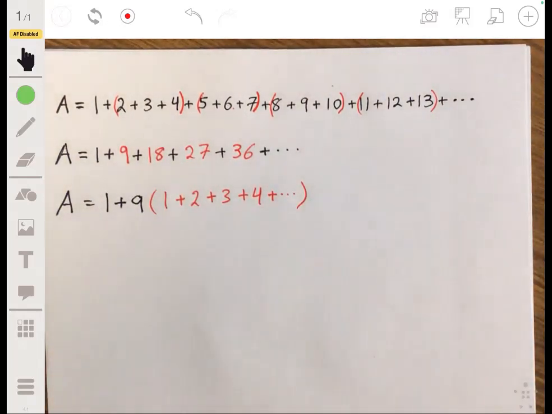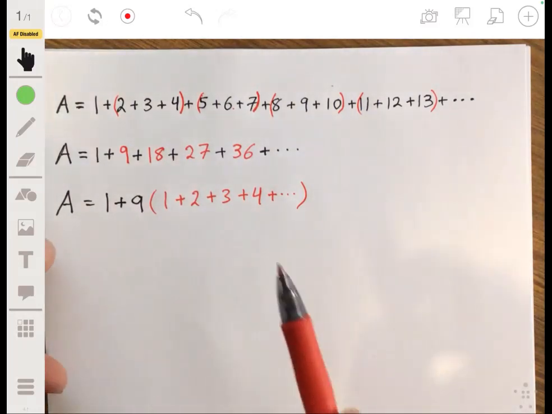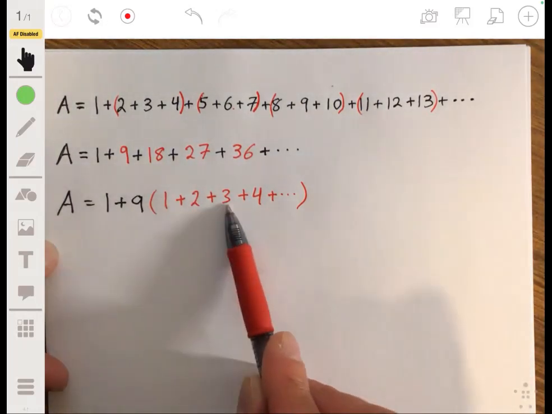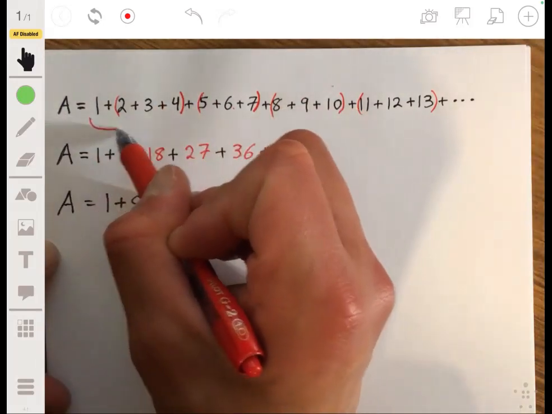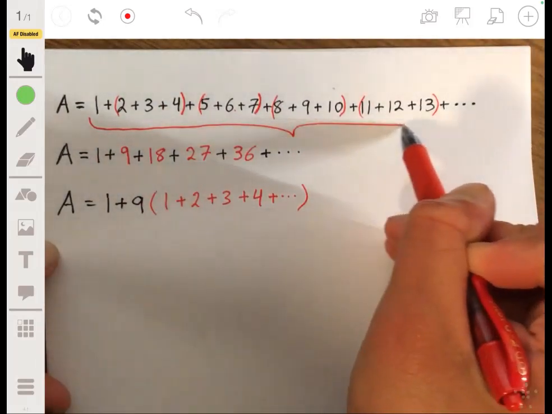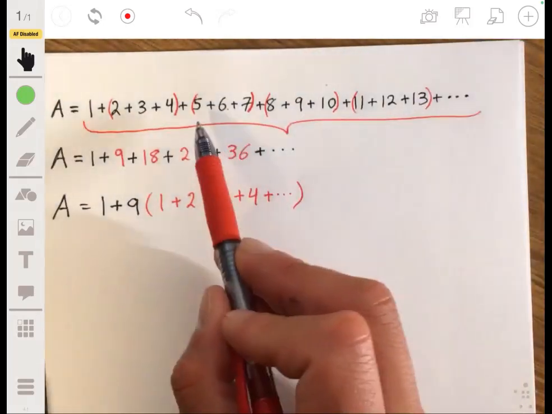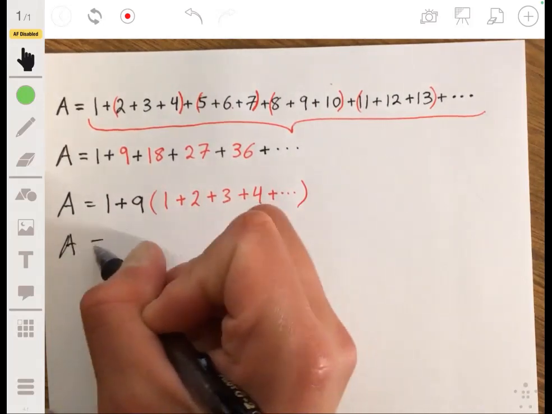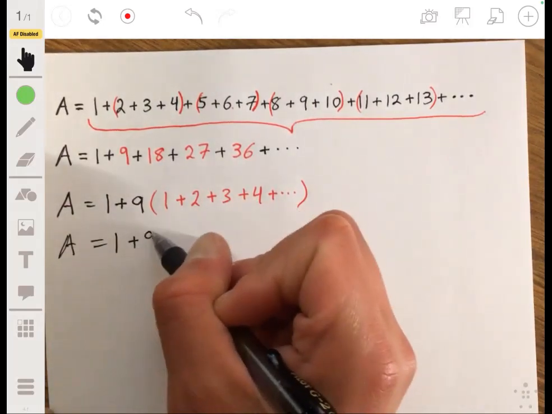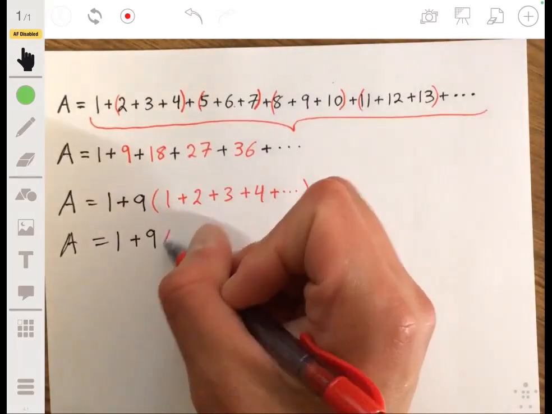And what then happens is that this 1 plus 2 plus 3 plus 4 is what this whole original value of a we had was. So we can now write a is equal to 1 plus 9 times a.